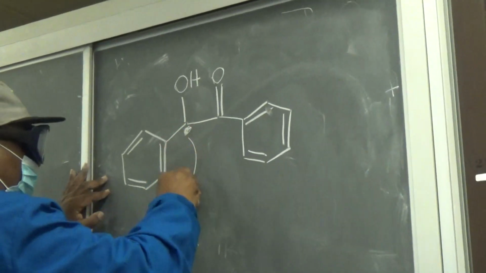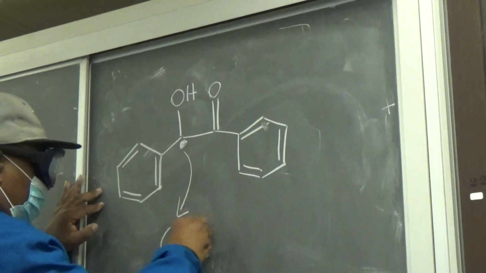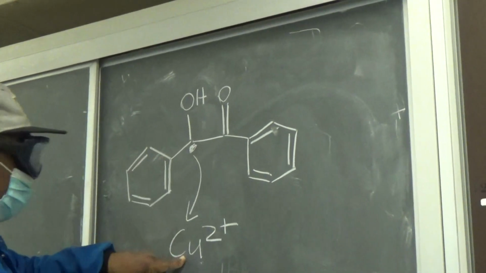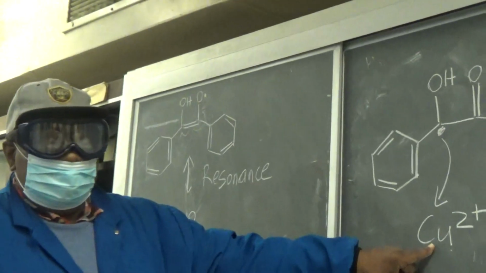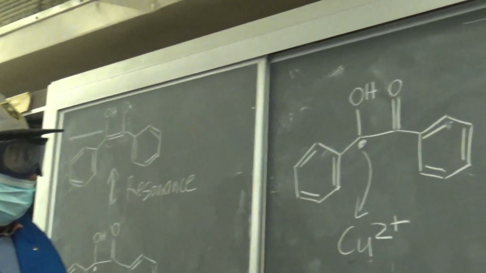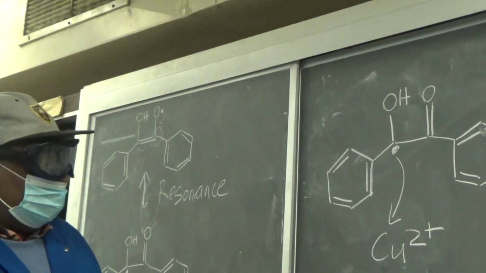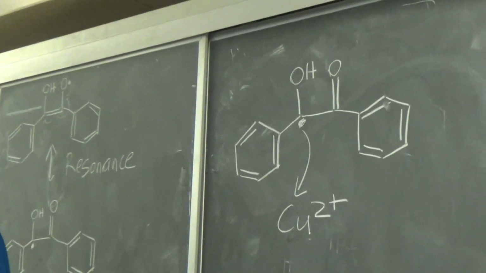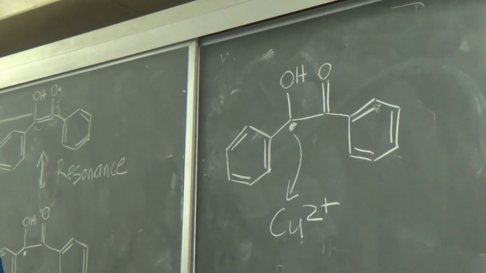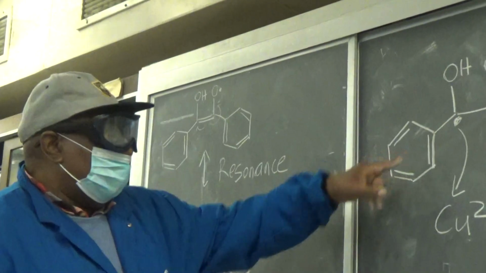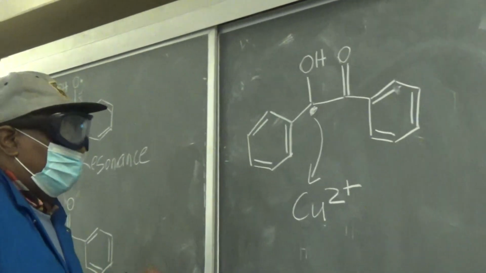And this one goes to the copper II plus. We often call that single electron transfer. It's basically the electron just gets kicked out. The electron goes away, so the copper takes the electron away, and you're left with a cation, a carbocation.